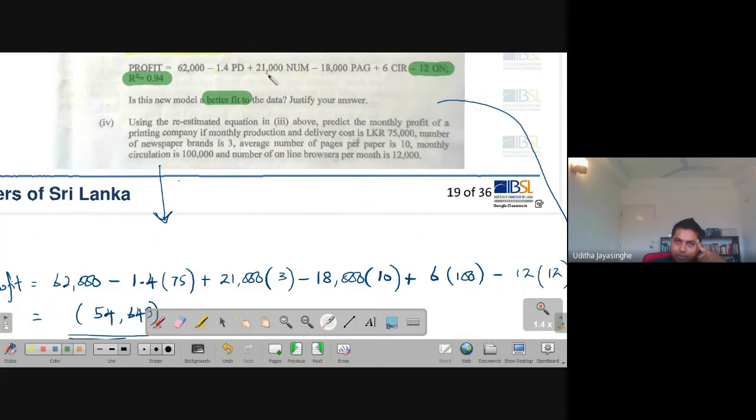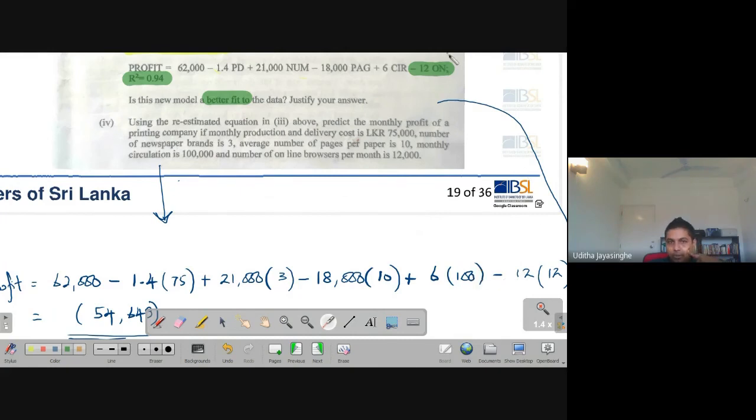Plus 21,000 NUM. NUM is the number of newspaper brands, 3, no problem. Minus 18,000 PAG, average pages, 10, no problem. Plus 6 circulation. Circulation is 100,000, and this one is also in thousands, right? So 100 is what goes into the equation. Minus 12 into ON.